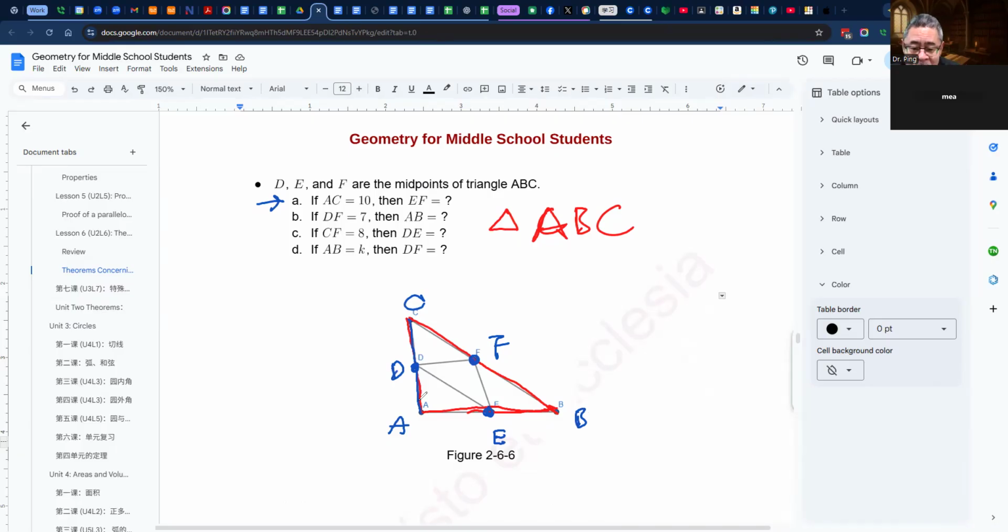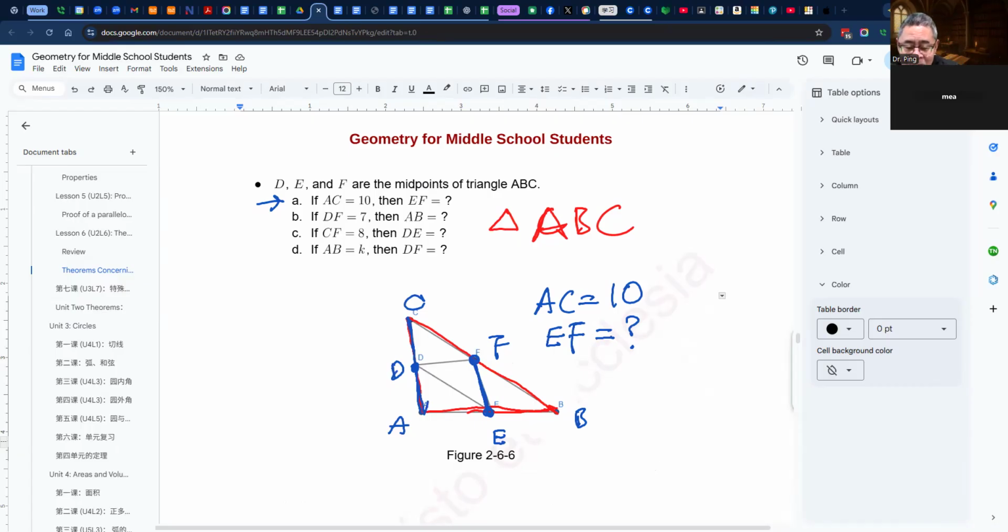We know AC from here to here is 10. And what is this side? What is EF? Yep, it's half of that.